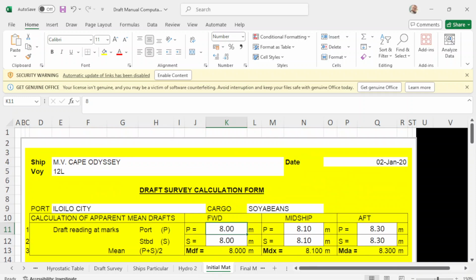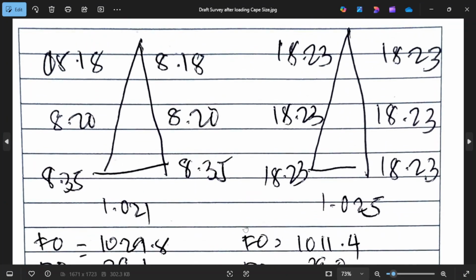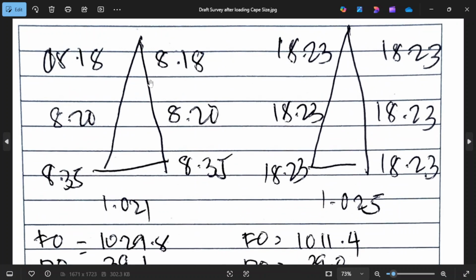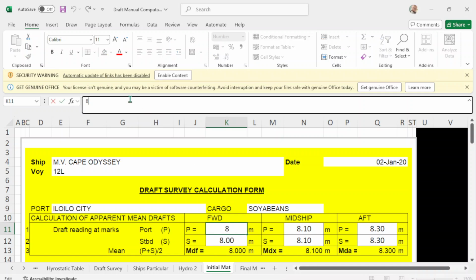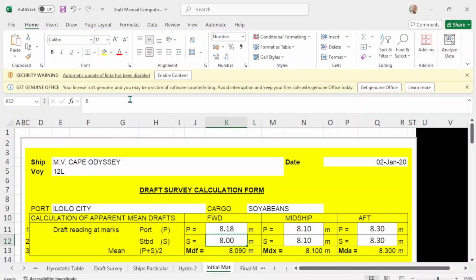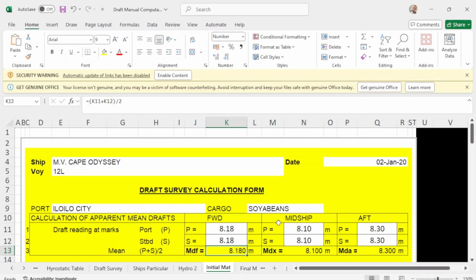So what is the draft forward? It should be 8.18. Port and starboard will be 8.18. Okay, your midship draft, how much would that be?